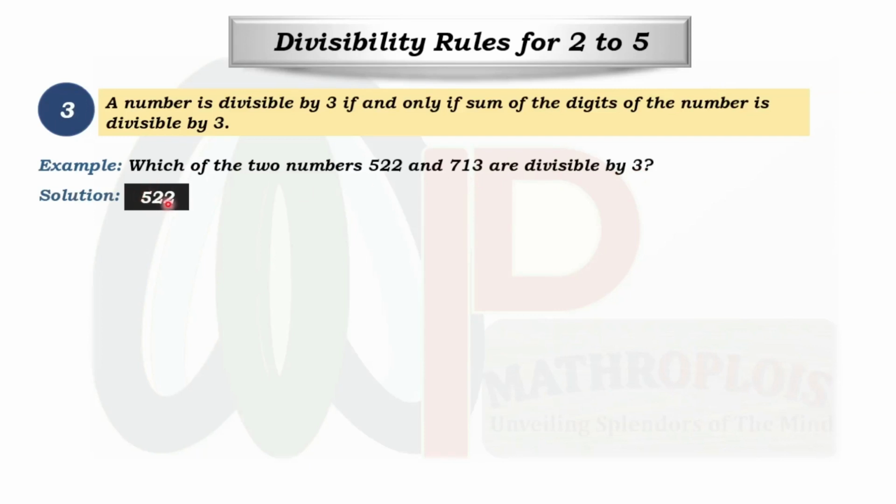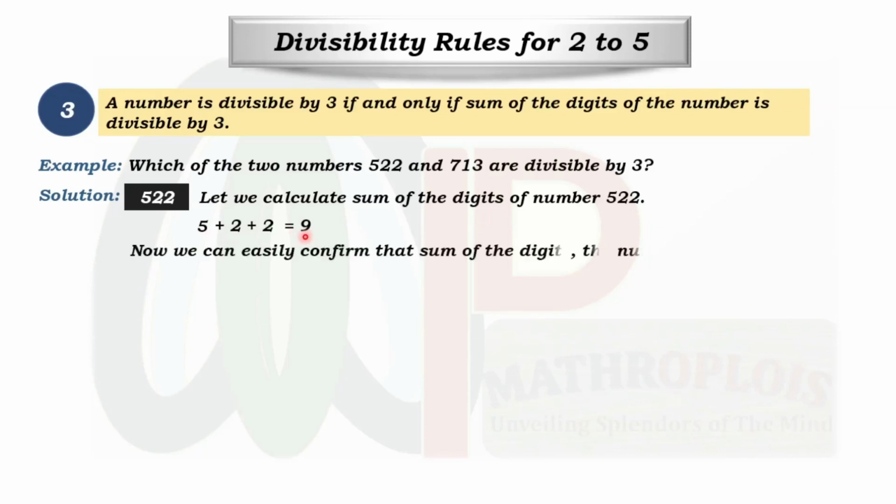First number is 522. We calculate sum of the digits of number 522. First digit is 5, plus second digit, that is 2, plus third digit, that is also 2. So 5 plus 2 plus 2 is equal to 9.